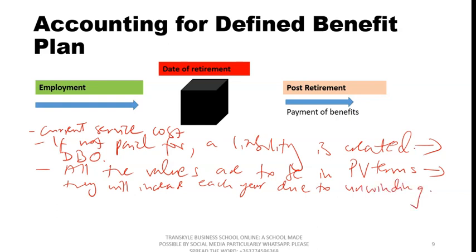When we are unwinding the discount rate, we would be trying to turn the present value figure into the future value. So the figure would increase every year.